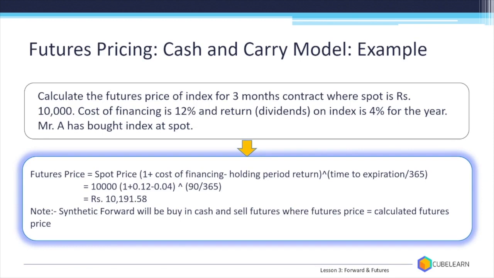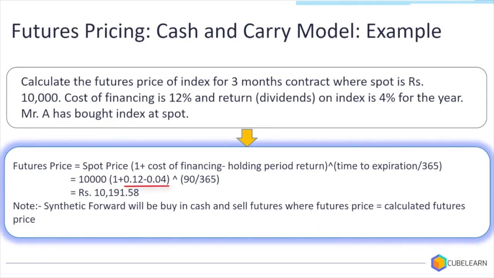We will consider the net effect of the same, which is 12% minus 4%, or 0.12 minus 0.04. Replacing figures in the formula, we get futures price as 10,191 rupees and 58 paisa.